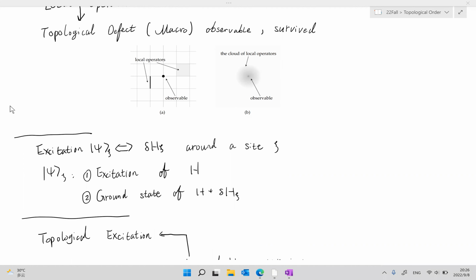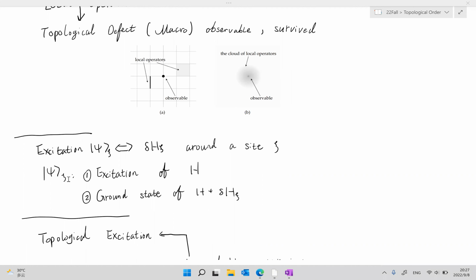We can say this psi, how to pronounce this Greek letter? Oh, psi. We can view it as an excitation of the original Hamiltonian, and we can change our view and treat it as the ground state of some other Hamiltonian.